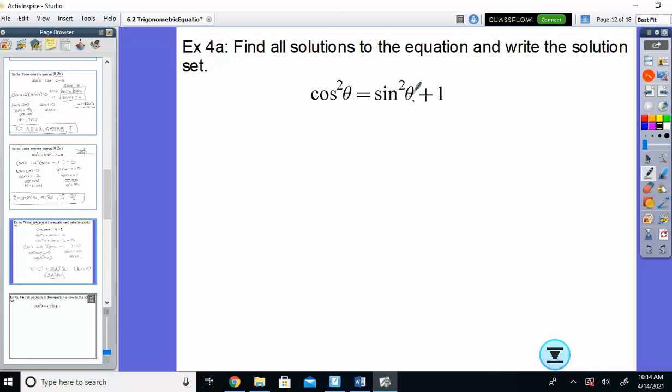Okay, so look at your little flip chart. When you have more than one trig function, if you can't just pull out a greatest common factor, we might try an identity. Cosine squared, what could I replace that with? And then minus sine squared.